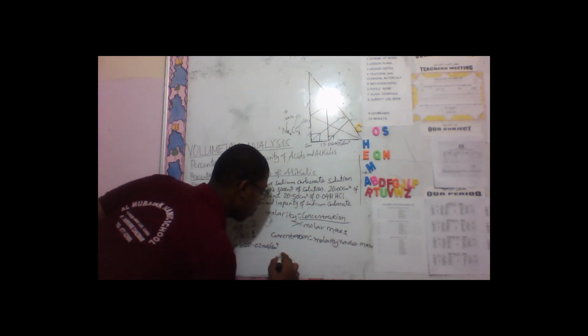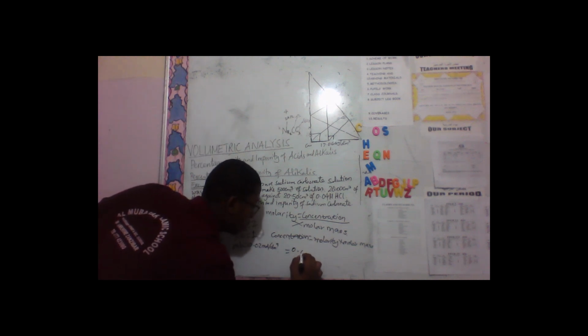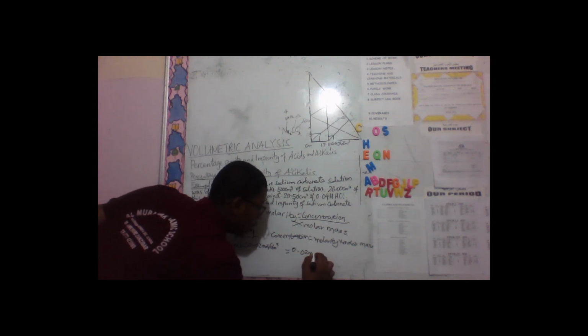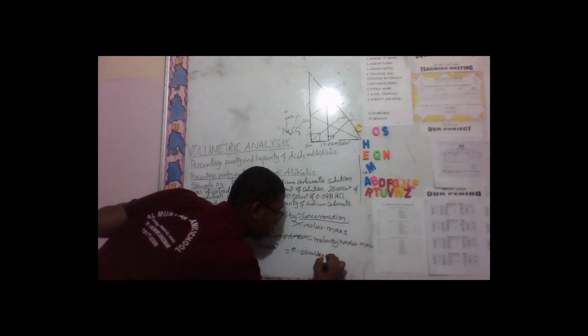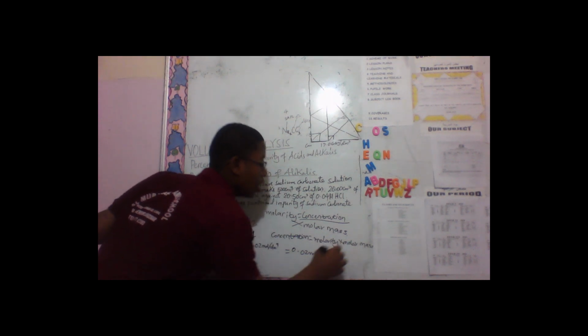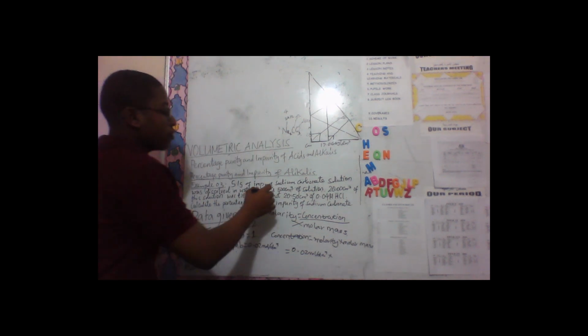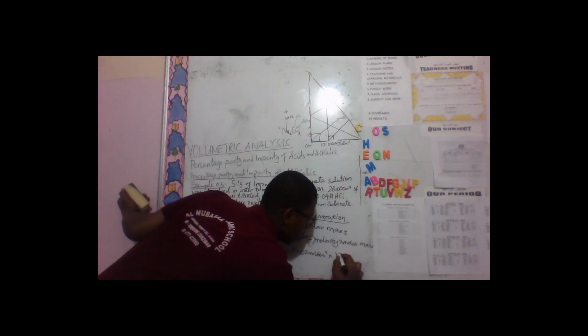Okay, we are going on. Our molarity is equal to 0.02 mole per decimeter cubed, times molar mass. We will use the molar mass of sodium carbonate, which is equal to 106 gram per mole.